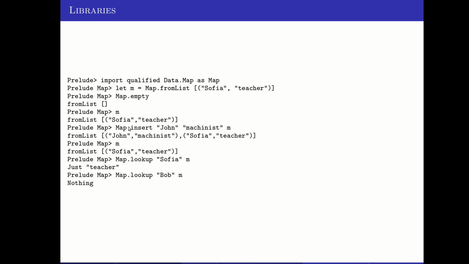We can use the function Map.insert and give it a key and a value, as long as those types match what we expect as keys and values, and we tell it what map we want to insert into. Now, the tricky part is, again, this is a purely functional language. When I say Map.insert John Machinist M, that does not change M. That gives us a result that is a new map that now has both John and Sophia as keys, but it did not change M. The original map is still there.